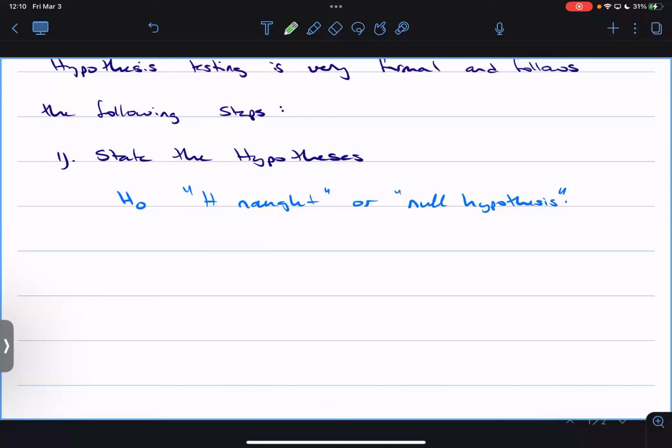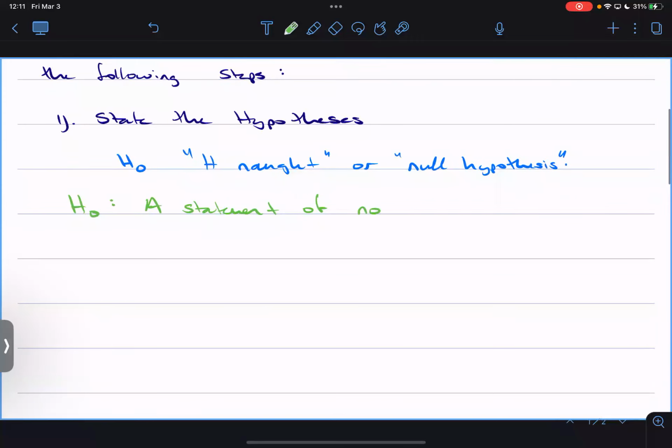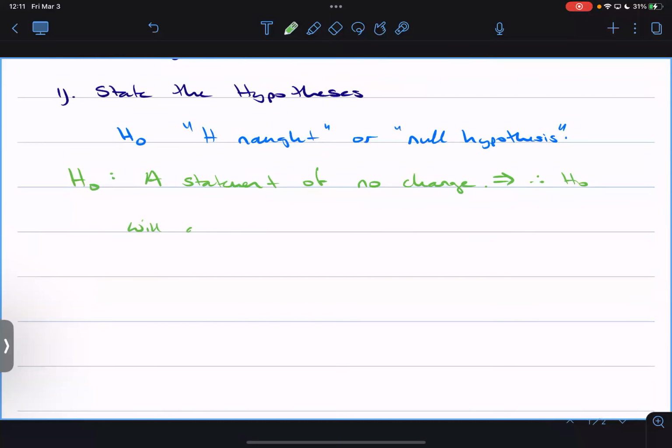If you go on in stats, then you can start to get fancy with it, but for us, I want you to always just have an equal sign. So you're going to write H subscript 0, and it's a statement, so you use a colon: my null hypothesis is this. H naught is a statement of no change. Therefore, H naught will always have an equal sign.